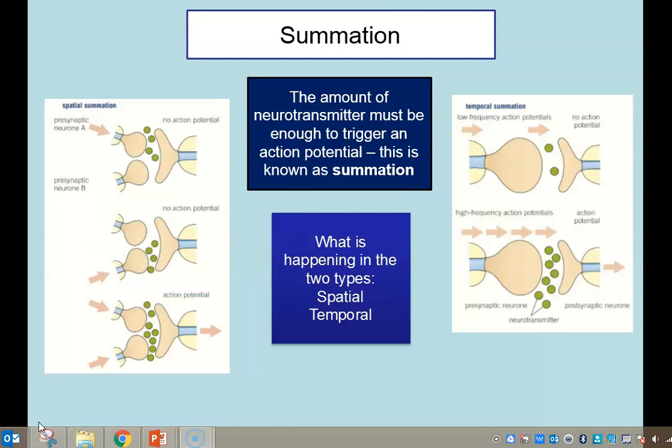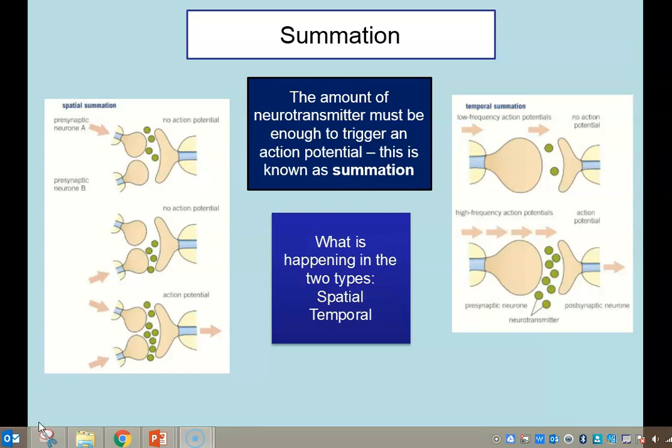The final part of this topic is called summation. On the left hand side, we have two neurons feeding into one, so two presynaptic membranes and one postsynaptic membrane. If we have an impulse travelling down A and it releases its neurotransmitter, that's not enough to stimulate the action potential in the next neuron.